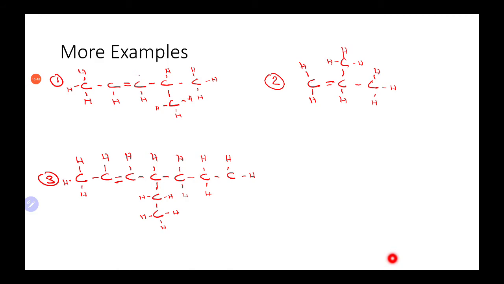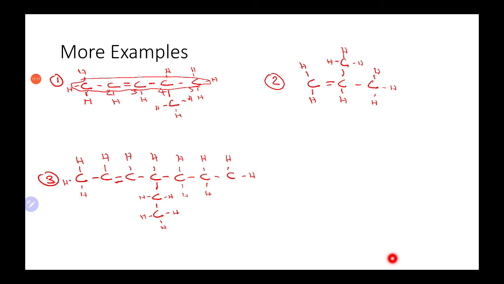Okay, let's have a look at number 1. So number 1, we need to identify the longest chain. The longest chain here containing the double bond is this one. It's 1, 2, 3, 4, 5 carbons long. Now, if we number from left to right, 1, 2, 3, 4, 5, then the double bond is going to have the lowest possible number.